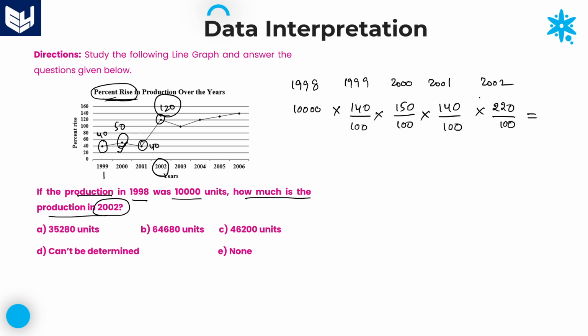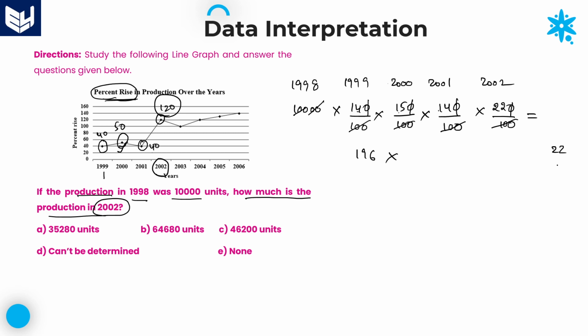Now you can calculate all the values. Here there are total 4 zeros in the denominator. You can cancel 4 zeros. And coming to the numerator, again 2 zeros cancel, 2 more zeros cancel. Now your required answer is 14 into 14, which is 196, into 22 into 15.